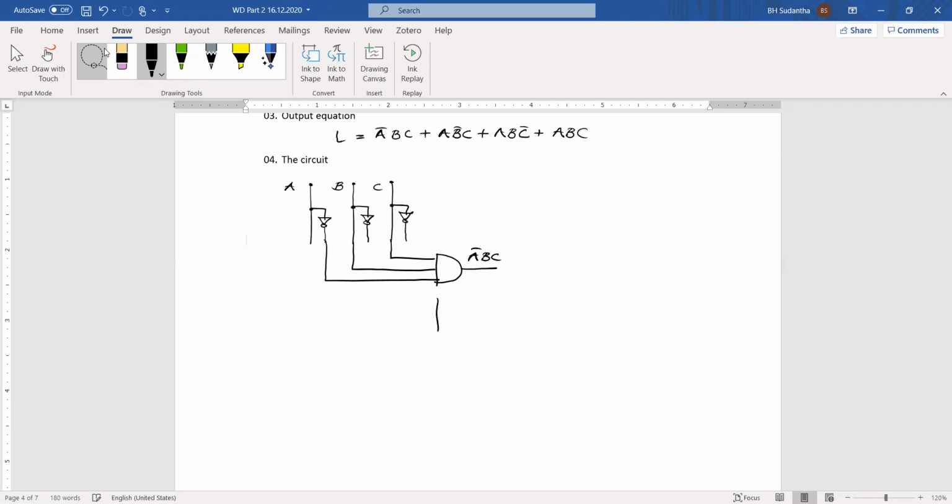A bar B C. The second one A B bar C. This is C. Then we can take B bar.